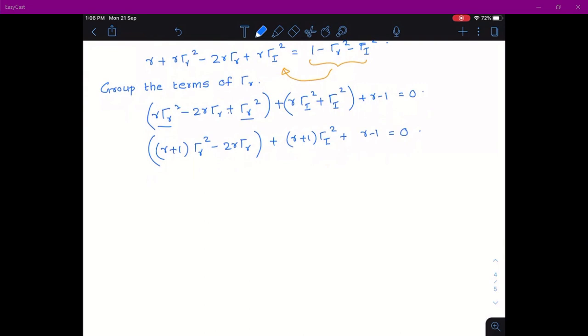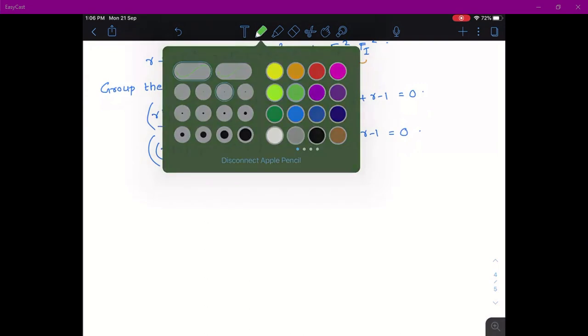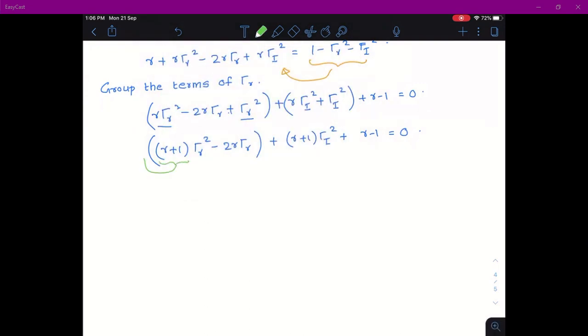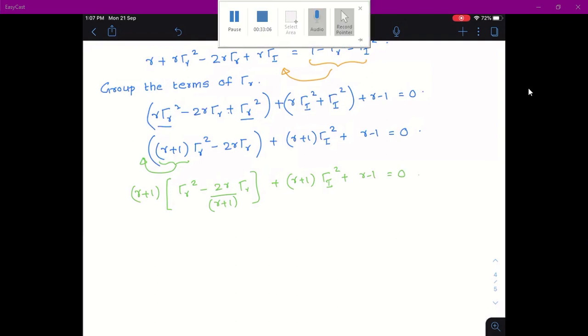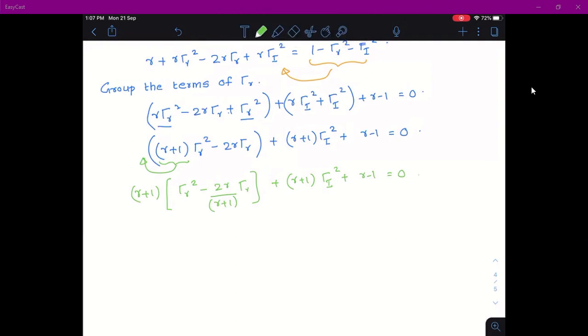Now I am going to take r + 1 outside from this expression. So I can write (r + 1) outside into [τr² − (2r / (r + 1))τr] plus (r + 1)τI² plus (r − 1) equal to 0. Okay.